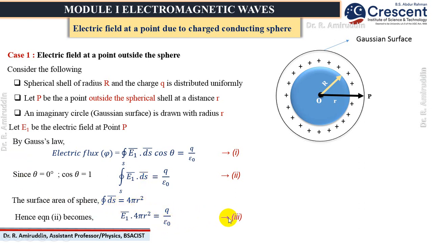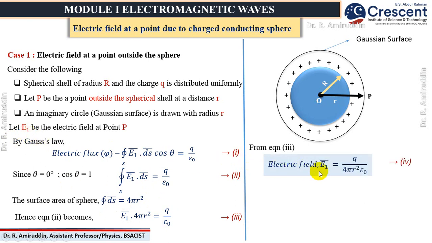We will have this as equation number 3. We will rewrite this to find the electric field E1. We keep E1 on the left side and bring all the other terms to the right side. So capital E1 is equal to q by 4 pi r square epsilon naught. Let us consider this as equation number 4.